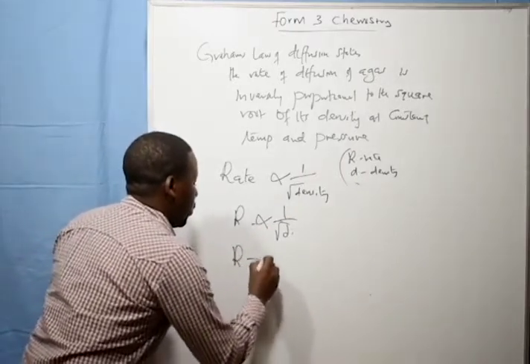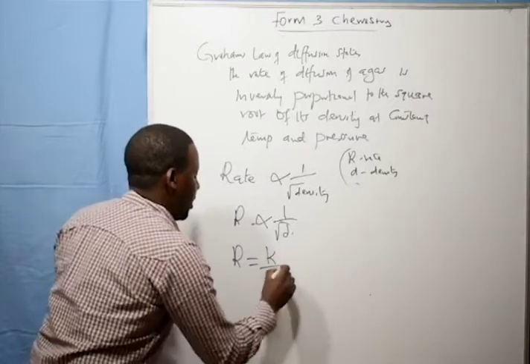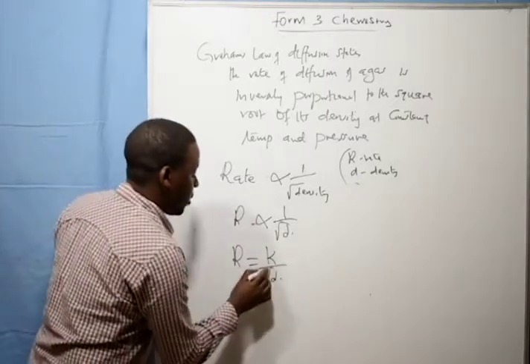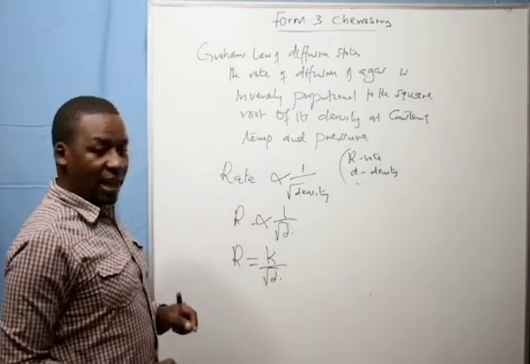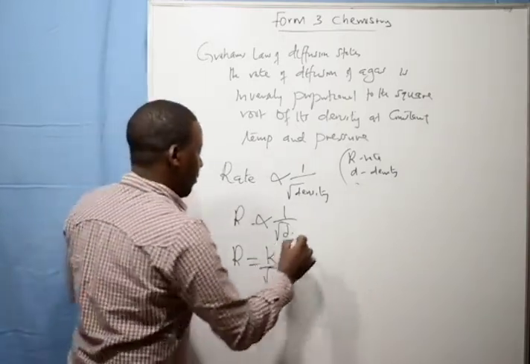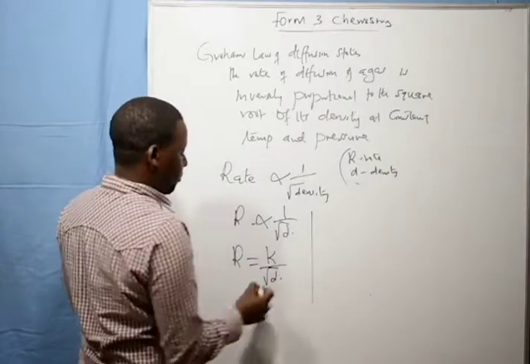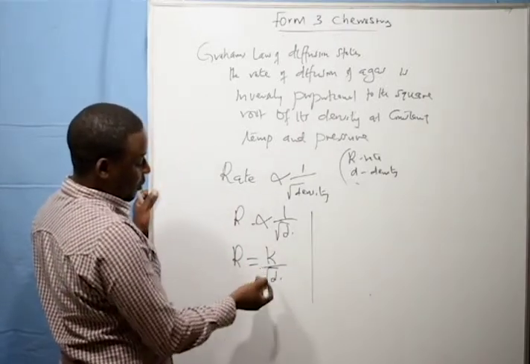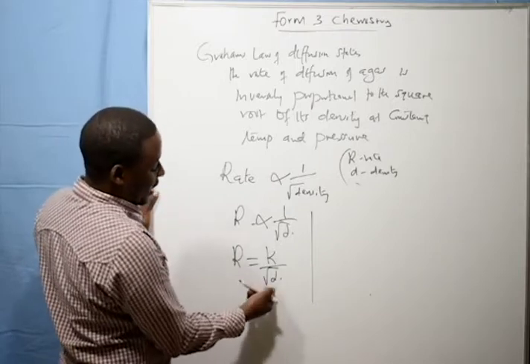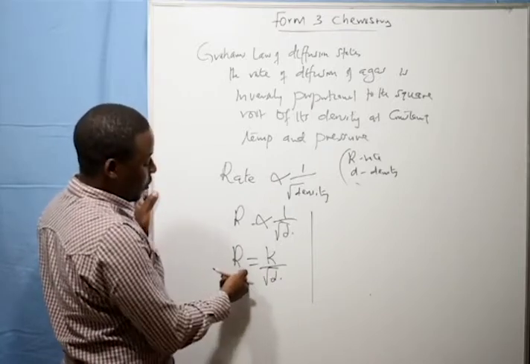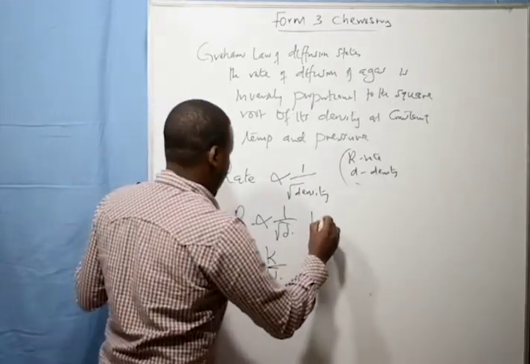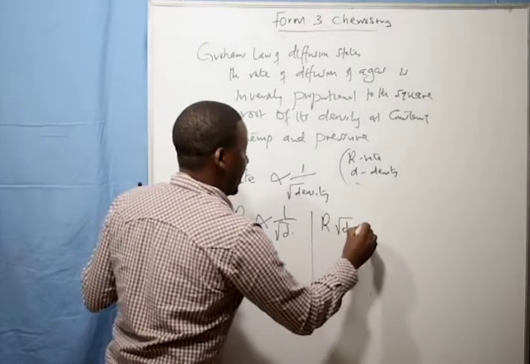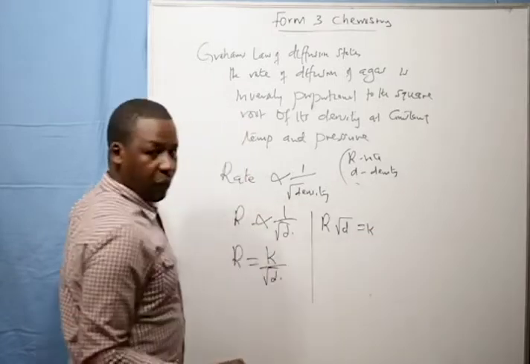R is equal to K over square root of D. Now let's make K the subject by cross multiplying, or multiplying both sides by the square root of density. You get rate times square root of density is equal to K.